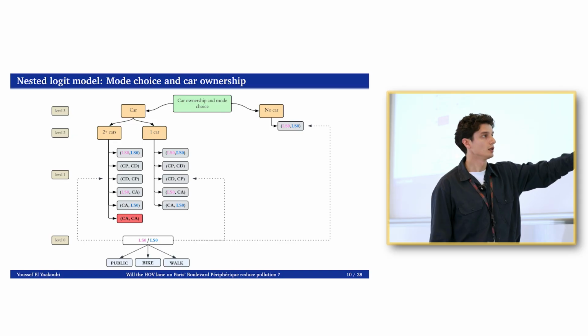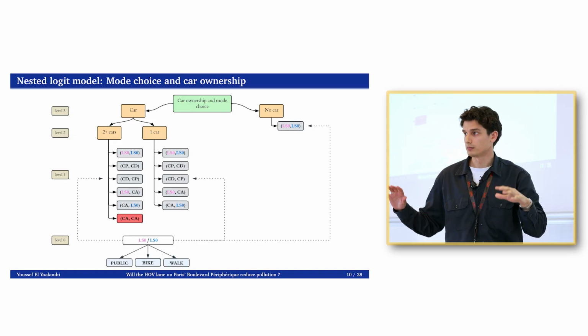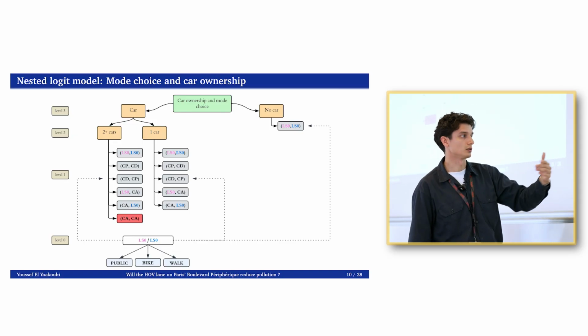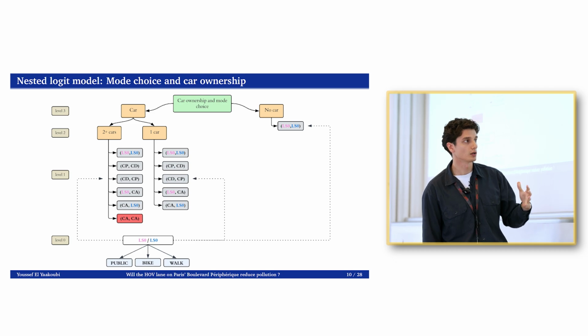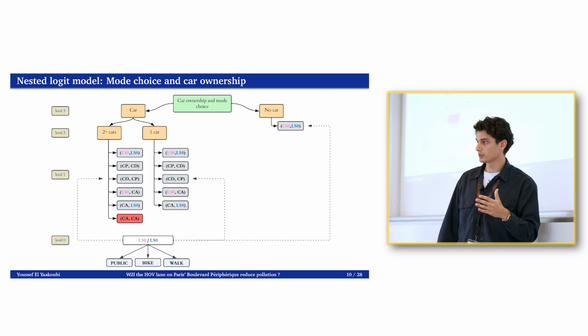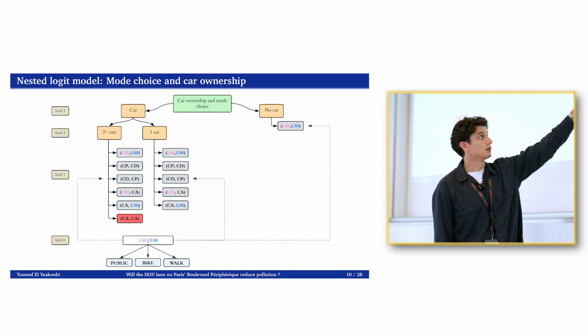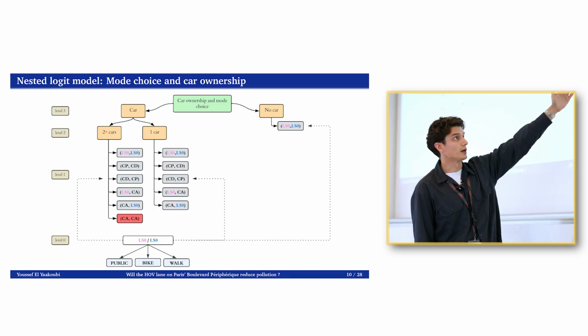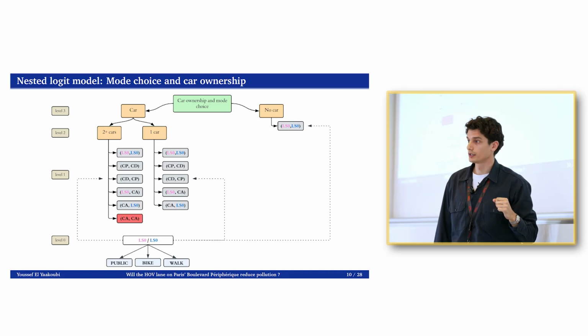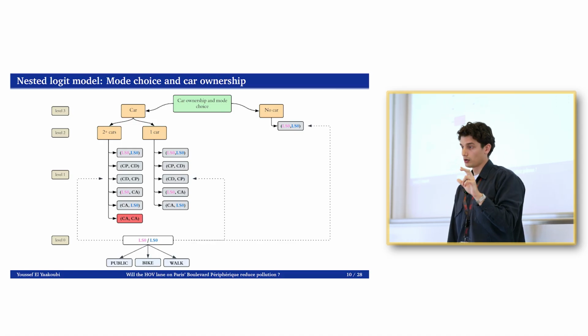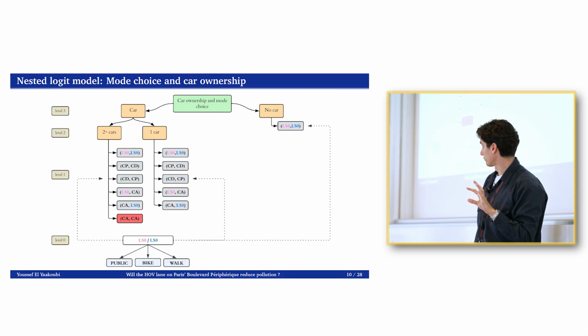The first level is the no car mode choice, which is public transport, bike, and walk. We estimate 2 vector parameters, different for men and women, because at the level above we model the collective choice of the couple.